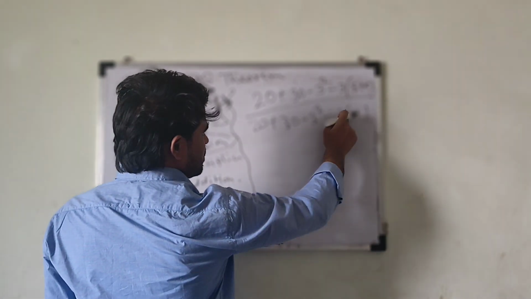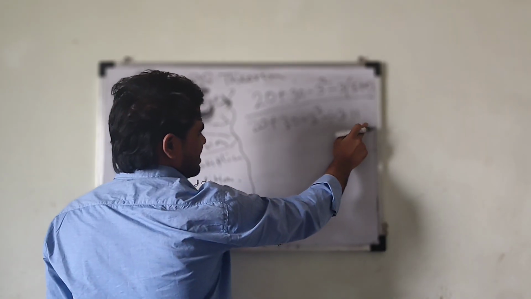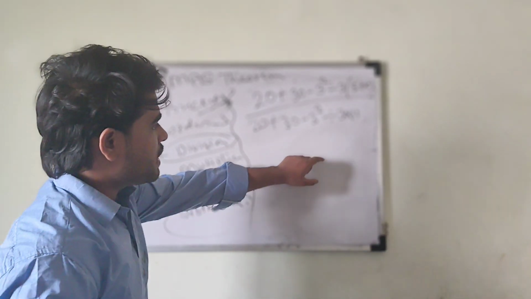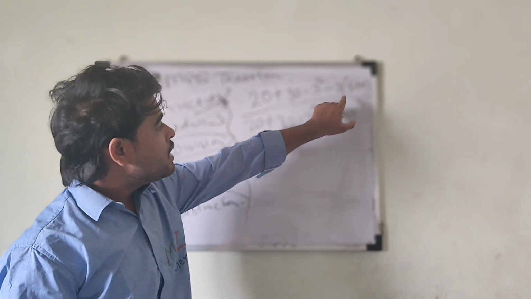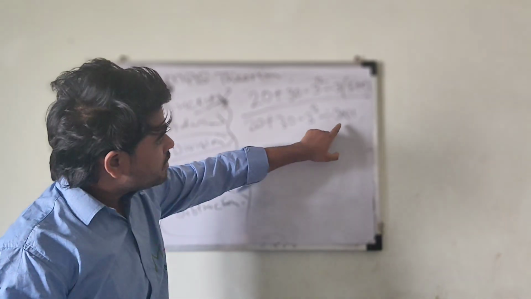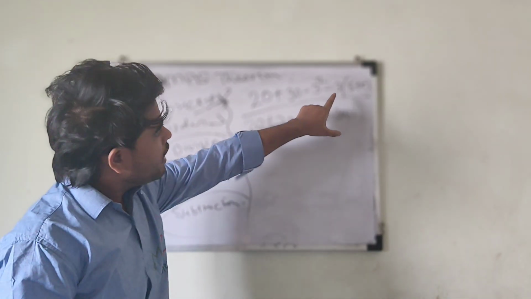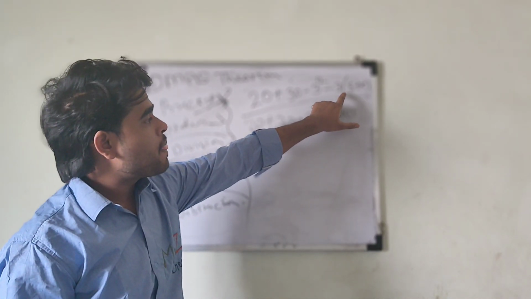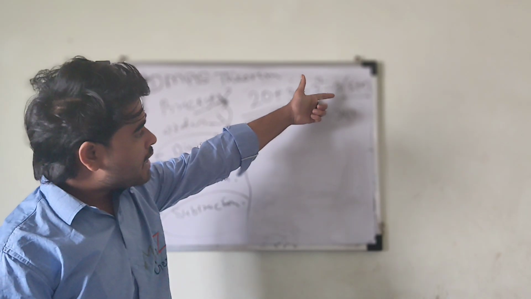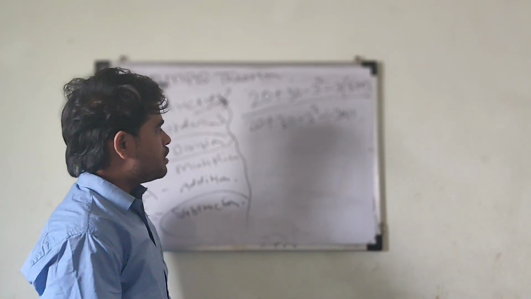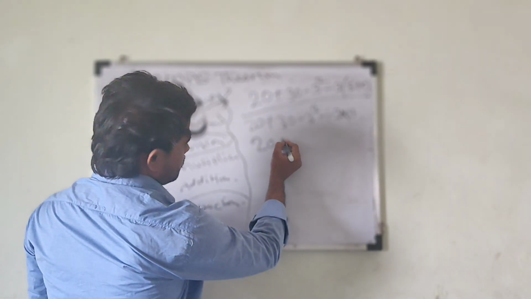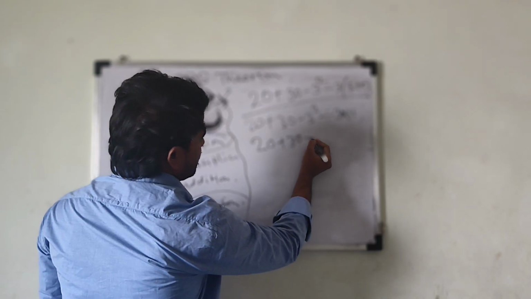We are going to remove this bracket, and we put a multiplication, because when the bracket is removed, the multiplication is revealed; in the bracket section the multiplication is hidden. Now 20 remains the same, plus 30 remains the same, minus.